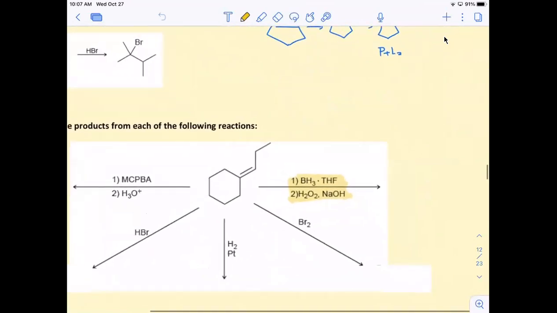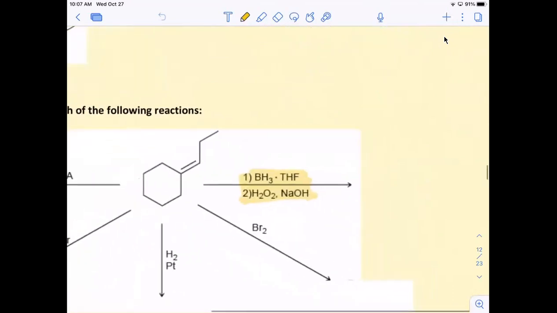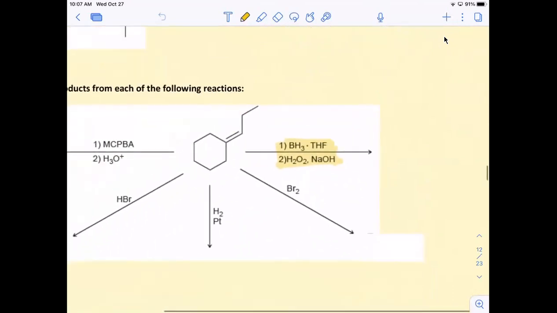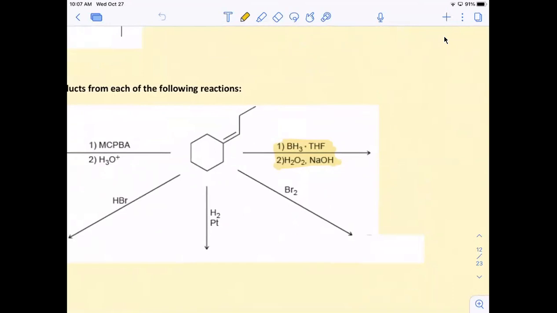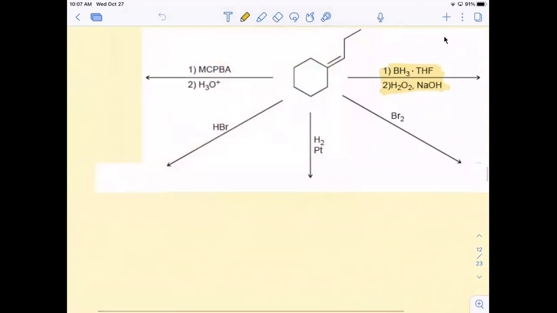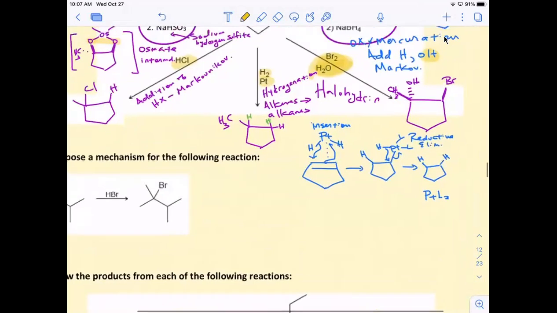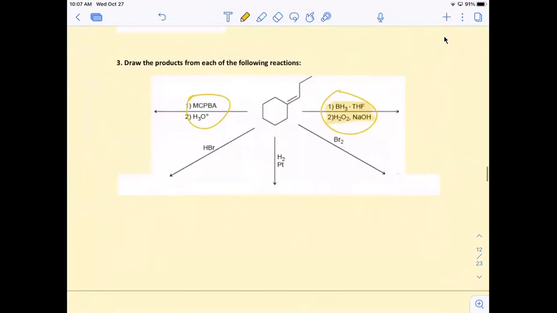Actually, let's do the other examples first, and then we're going to come back, because the only new reactions we're learning today are this one, mCPBA, which is an epoxidation reaction, and this one, oxymercuration, which we'll talk about in detail. Let's go back to here.